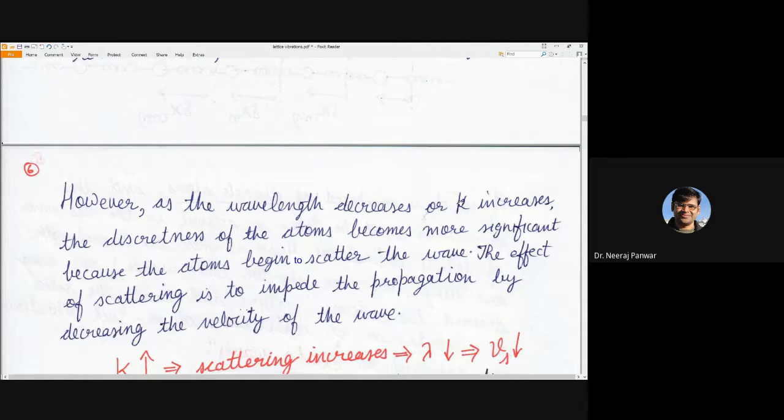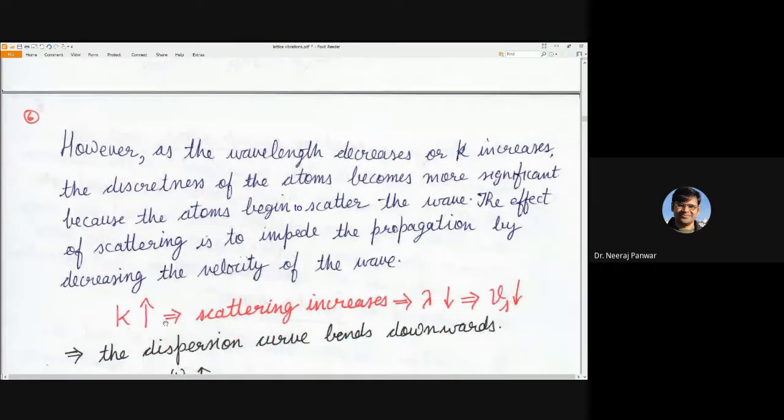from the atoms. This wave is the resultant of two waves, one traveling in the positive x direction, and it gets scattered from the atoms and travels in the minus x direction. The resultant of the two waves will give rise to a standing wave, and hence the group velocity for such a wave, whose wave vector is equal to half the length of the first Brillouin zone, would be zero, a standing wave, and we would see the dispersion.